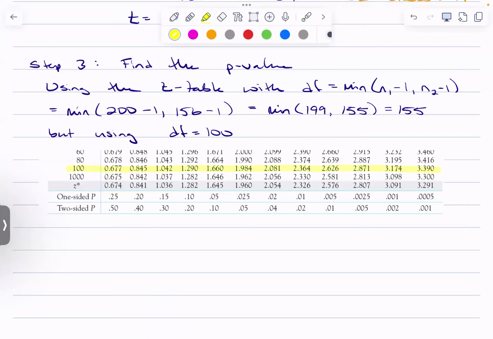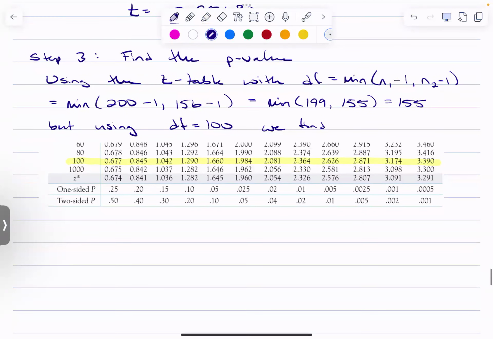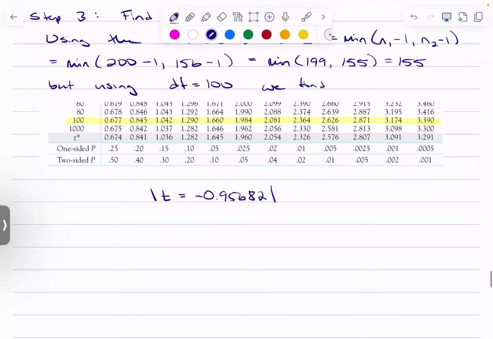Puts me here. Then we find the absolute value of t, equal to negative 0.95682, inconsistent with how many decimal places, but as long as you have at least 3, you're safe, is between 2 values.